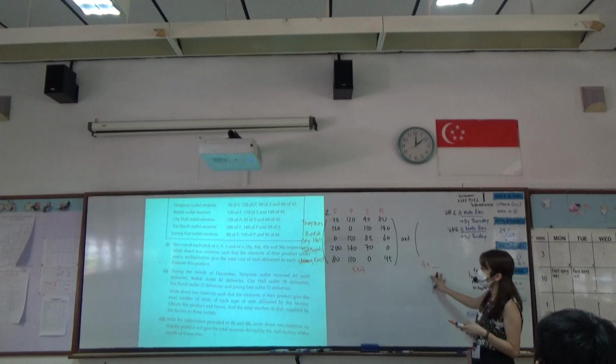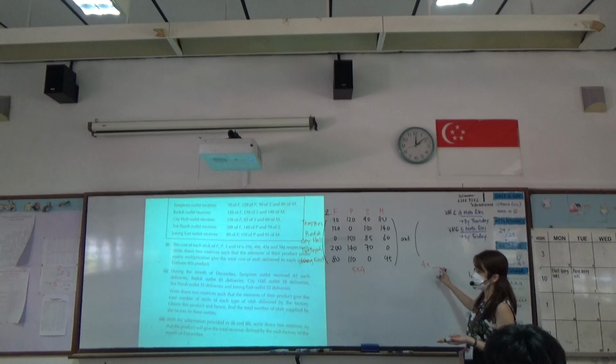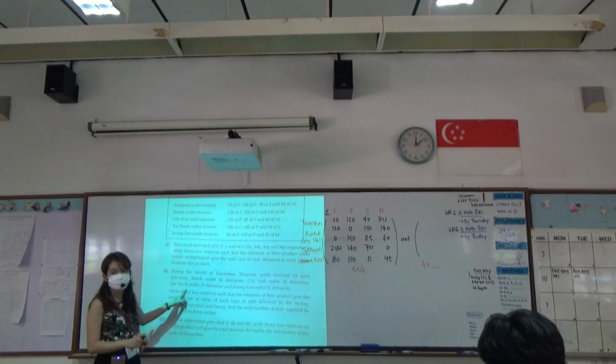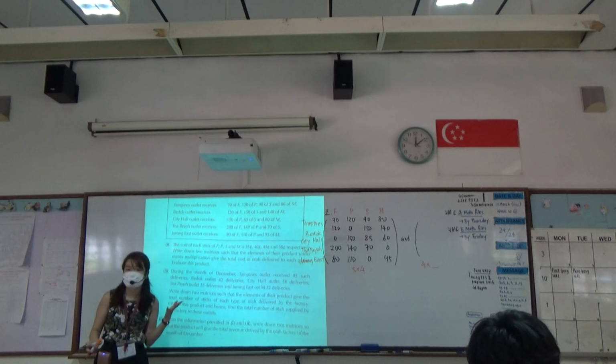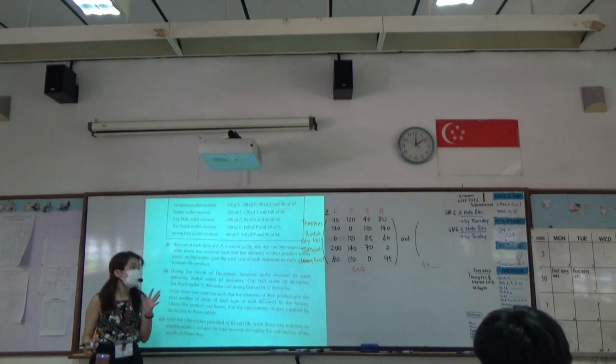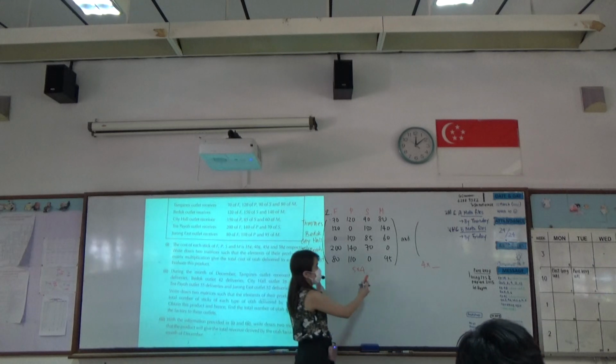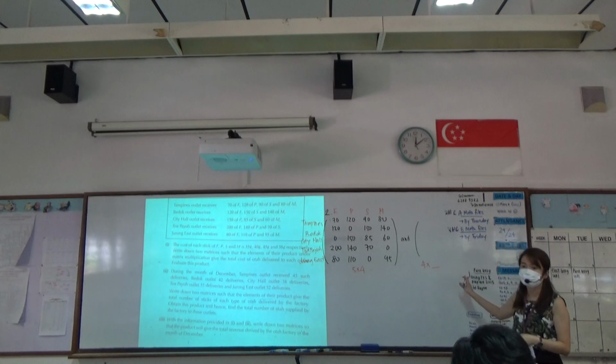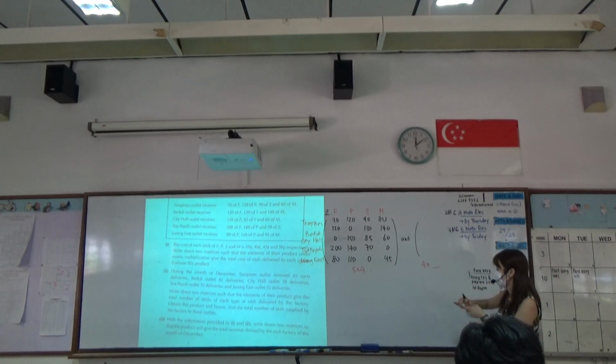Am I able to create a 4 by something matrix? In this case, I can't because there are actually 5 outlets. So I got 5 elements that I want to put in, right? So I definitely cannot take this matrix with this one on the right side, because I will not be able to have a 4 by something matrix, or 4 by 1 matrix in fact.